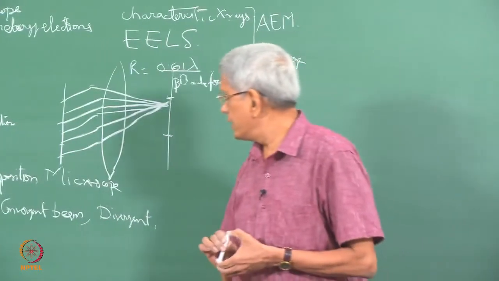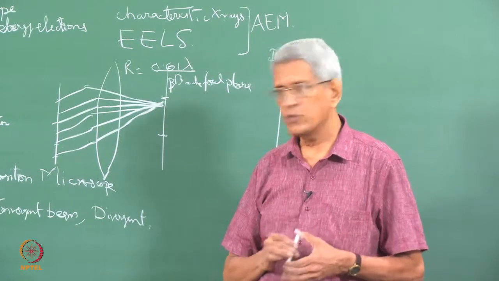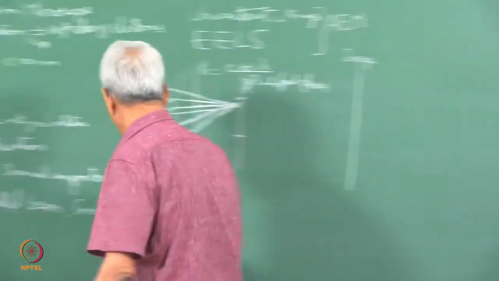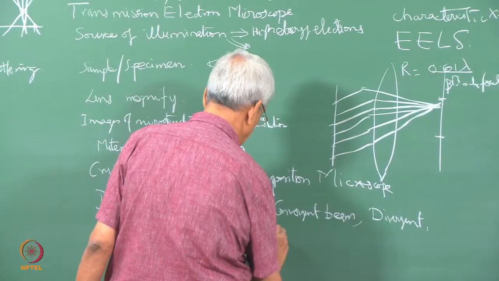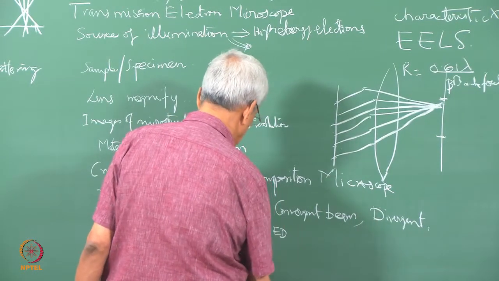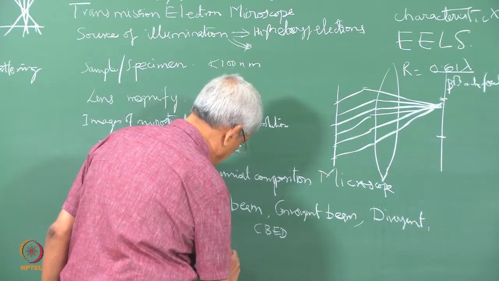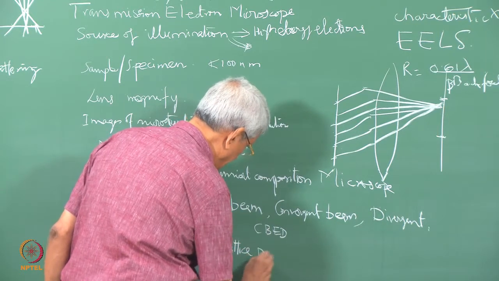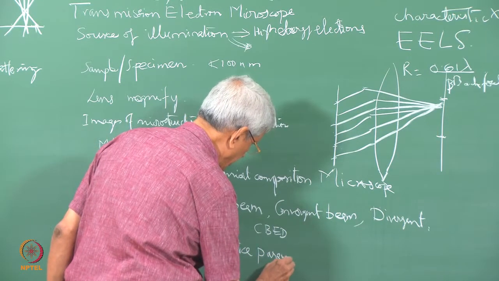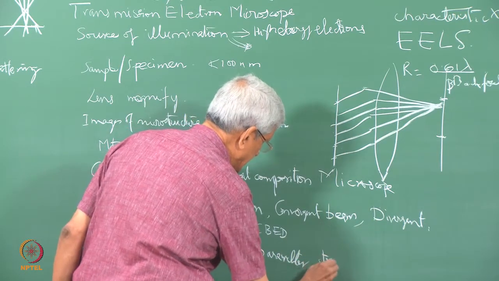Then the convergent beam diffraction, this technique itself is called CBED, can be used to measure lattice parameter very accurately, and strain in the crystal.